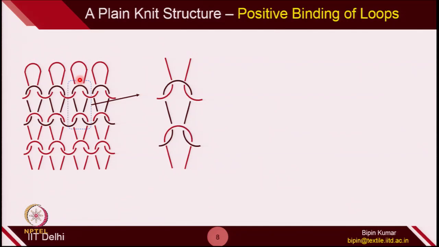Okay. If I try to pull this loop from outside, if you try to snatch this loop from the fabric, 2 loops, especially the top one and bottom one, will try to protect this loop to go anywhere, because a loop is positively binded by top loop and bottom loops.